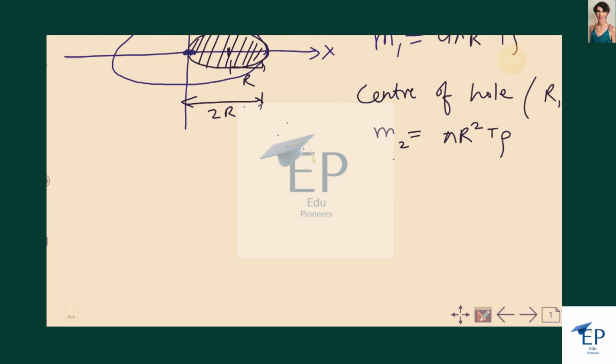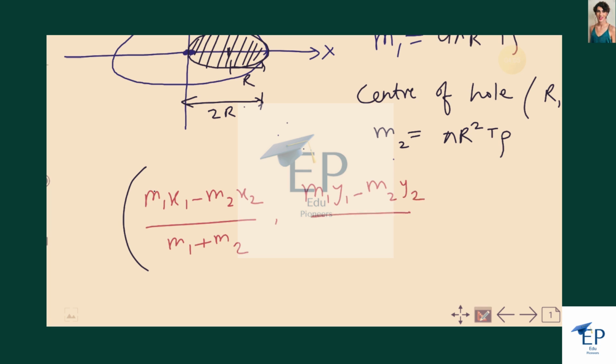The formula for the x coordinate is (m1 x1 minus m2 x2) divided by (m1 minus m2). Similarly the formula for the y coordinate is (m1 y1 minus m2 y2) divided by (m1 minus m2).